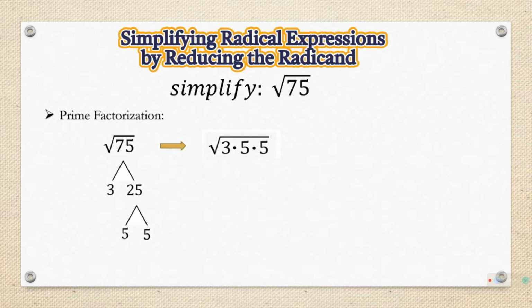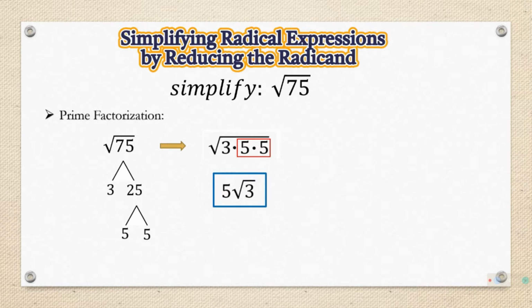Using prime factorization, we have to consider the index to group the prime factors before taking it out from the radical sign. We are going to get a pair of same numbers, and that is 5 and 5. And taking that out of the radical, we will have 5 square root of 3.